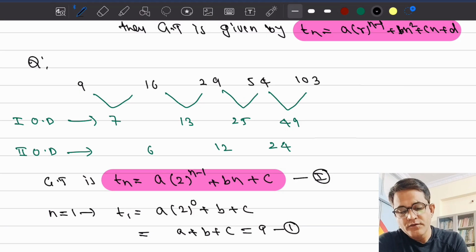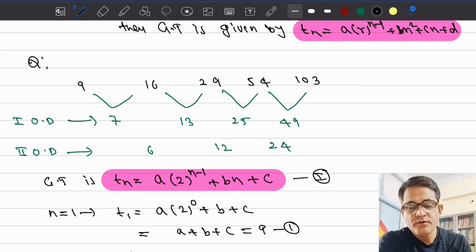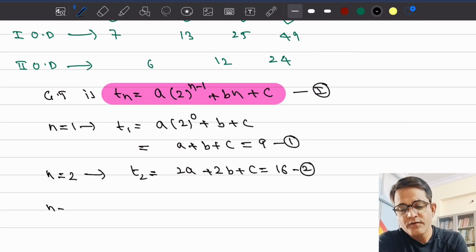Now put n is equal to 2. T2 becomes 2A plus 2B plus C, which is equal to the second term, 16. This is the second equation. Next n is equal to 3.